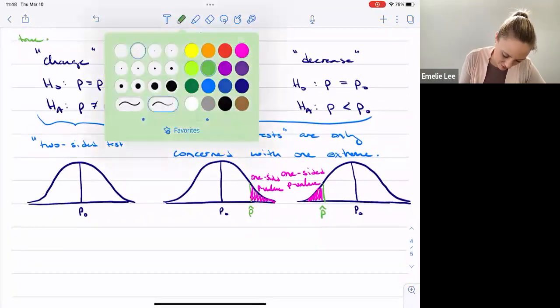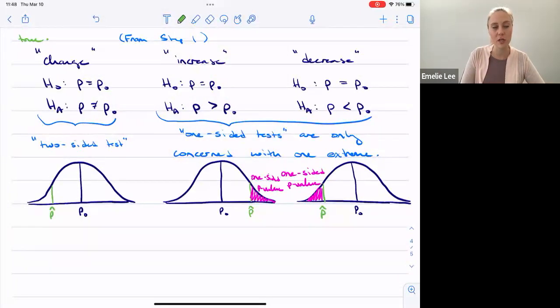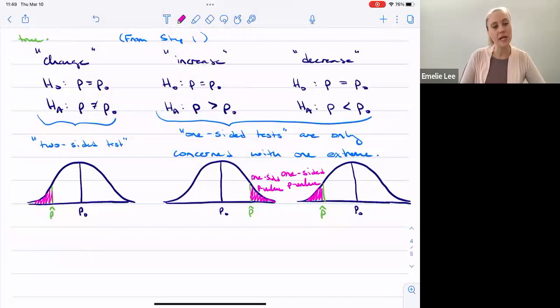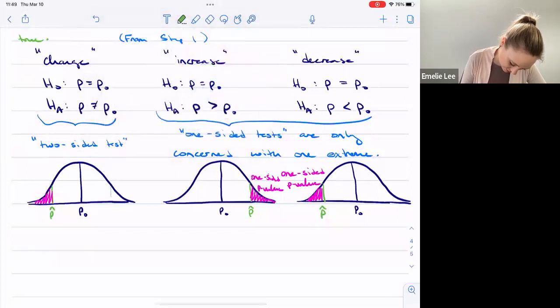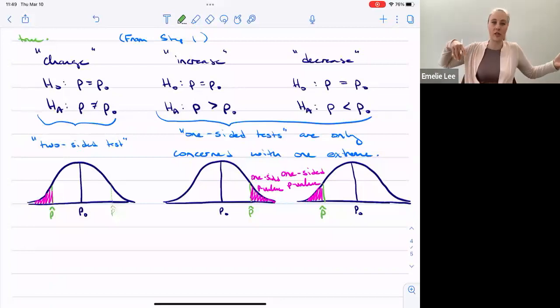For example, if my p hat, my actual sample proportion, is down in the lower tail, then I can find my one-sided p-value, and then I can change my pen color to show that, well, it didn't happen here, but I'm going to pretend that p hat also happened symmetrically on the other side, because I'm concerned with either direction.